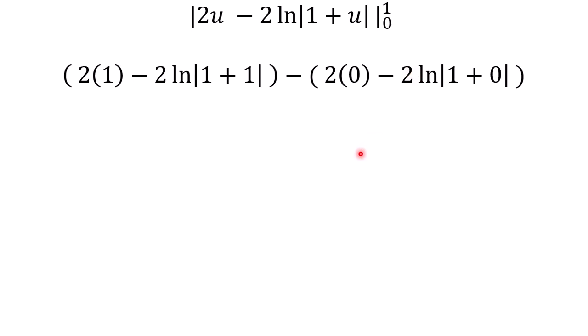I said you forget about the absolute value. So that is the answer to the integral question that we are evaluating. That is 2 minus 2 natural log of 2.